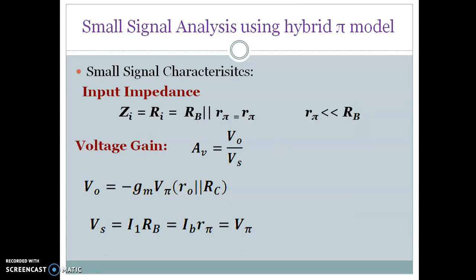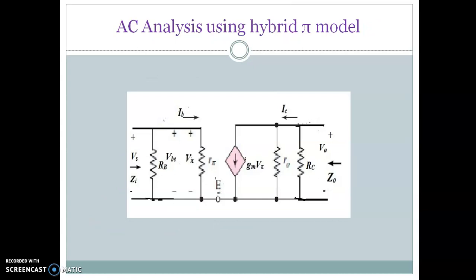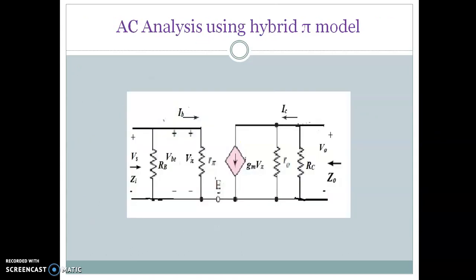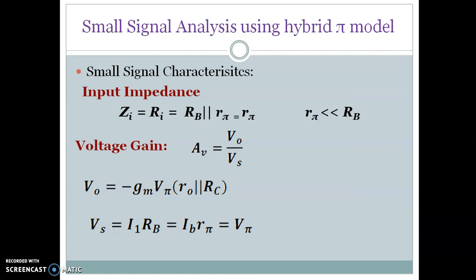So the input impedance ZI will be equal to RB parallel R pi. RB is going to be a very large quantity compared to R pi. So therefore ZI will be approximately R pi. And voltage gain AV is equal to V0 by Vs. So V0 is going to be minus GM V pi times R0 parallel RC. But Vs, we know, is nothing but IB times R pi, which is equal to V pi.